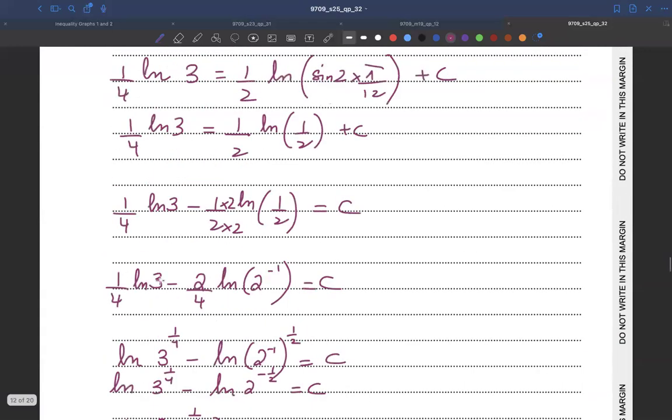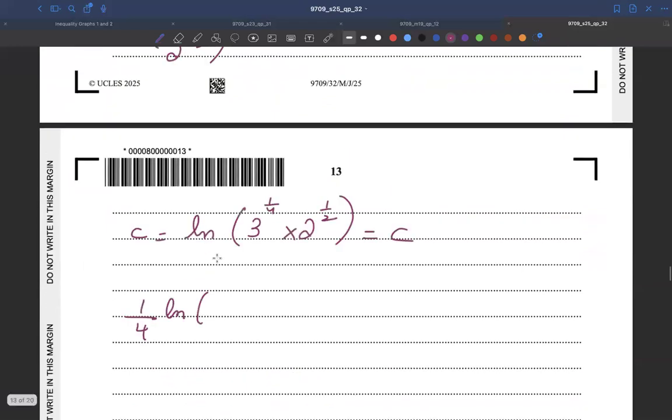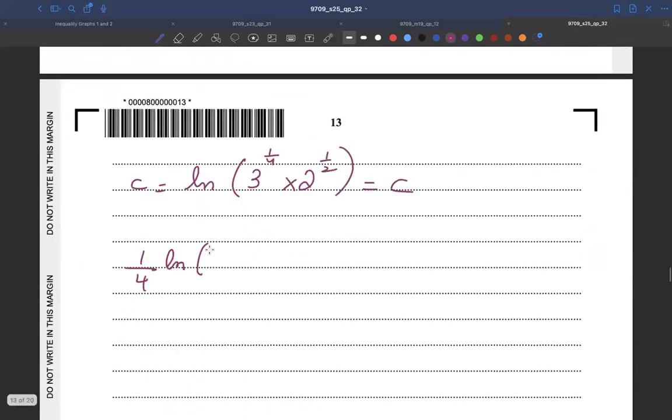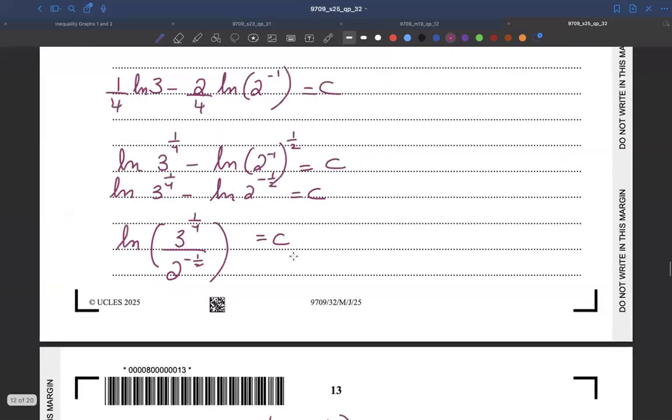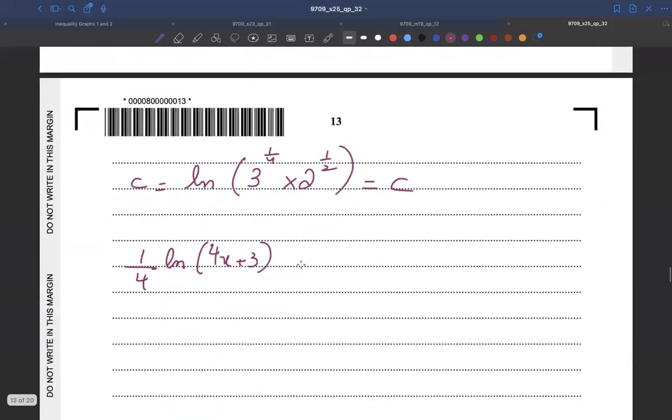So the expression was 1 upon 4 ln of 4x plus 3 is equals to half ln of sine 2 theta, and in place of c, we can write plus ln of 3 power 1 upon 4 into root 2. So that is easier to write.